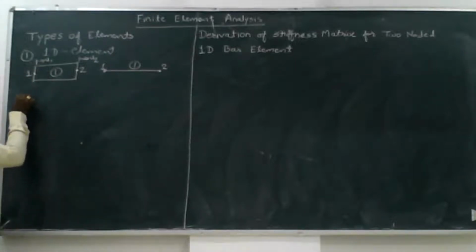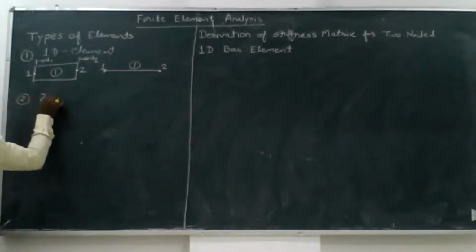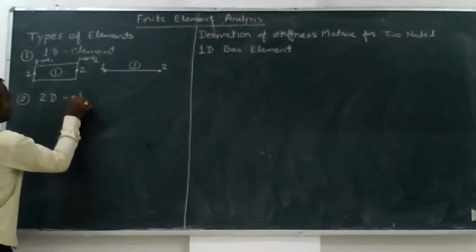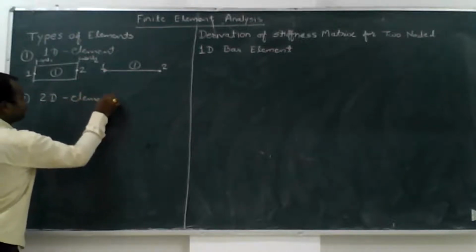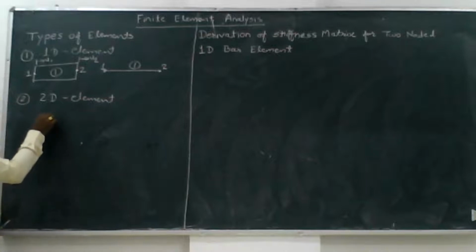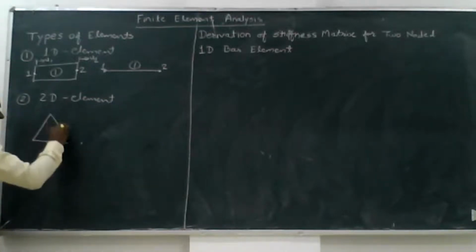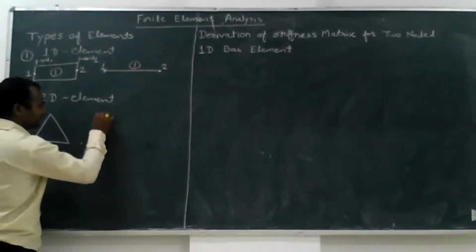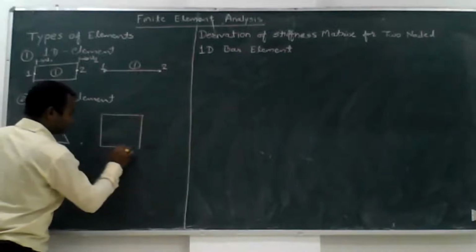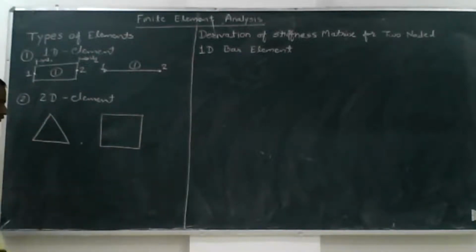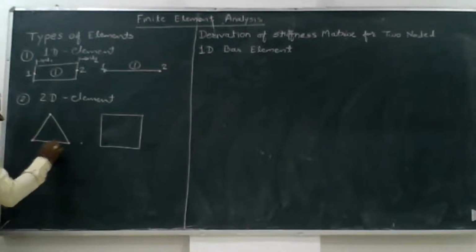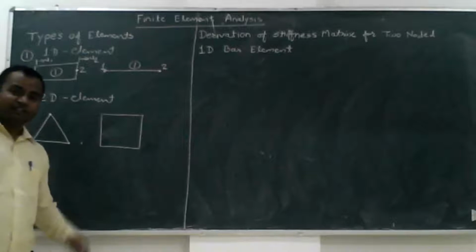Second is the two-dimensional element. Examples of two-dimensional elements are the triangular element or the quadrilateral element. The triangular element has 3 corners, so it is connected with the other elements at those 3 corners.